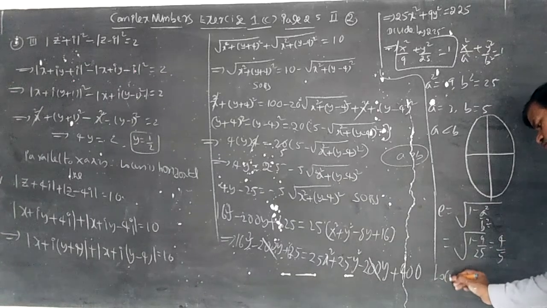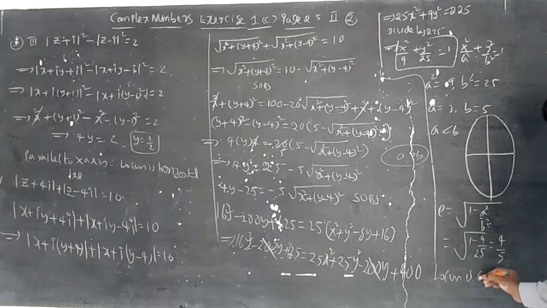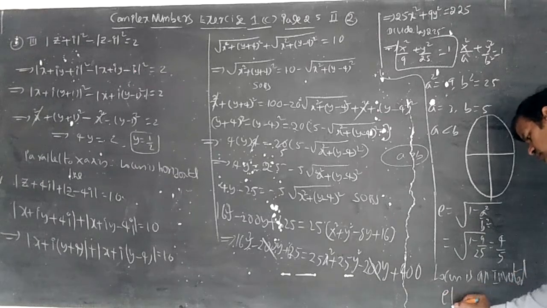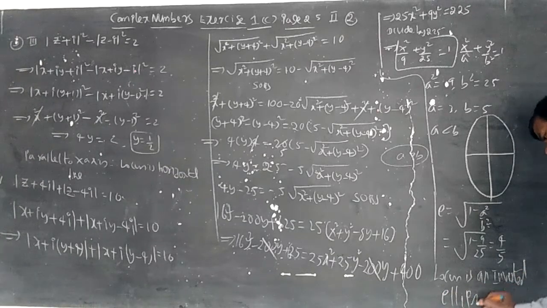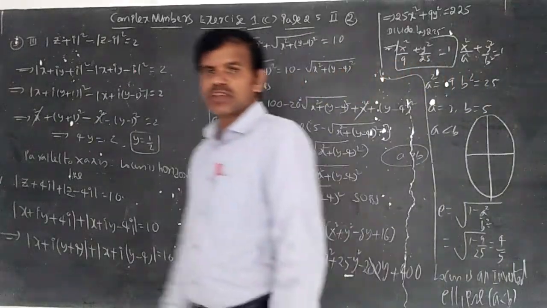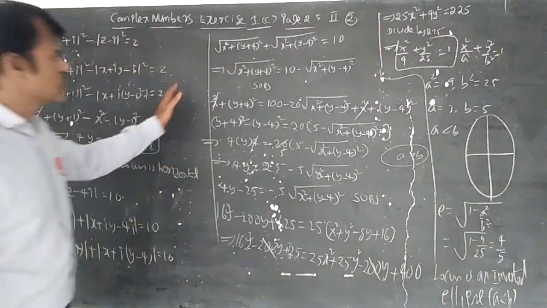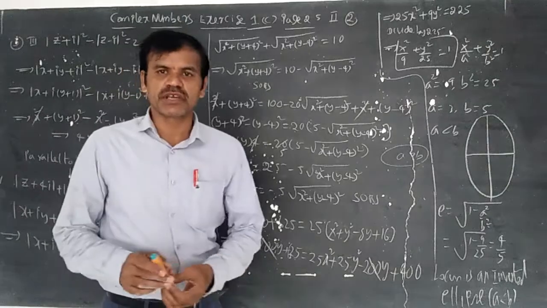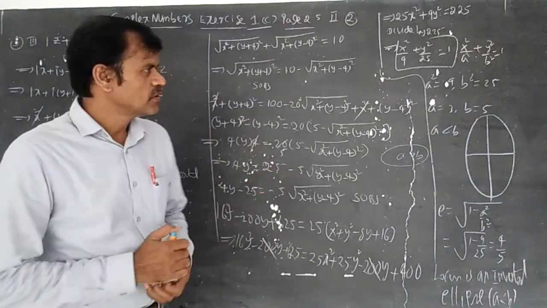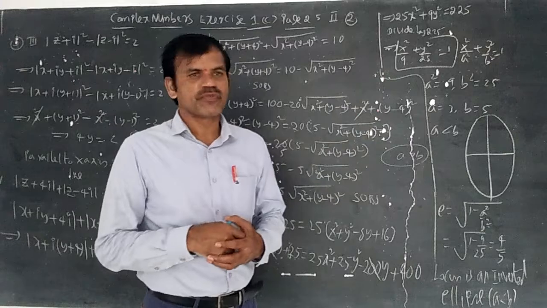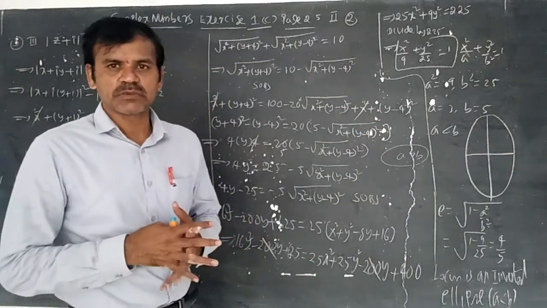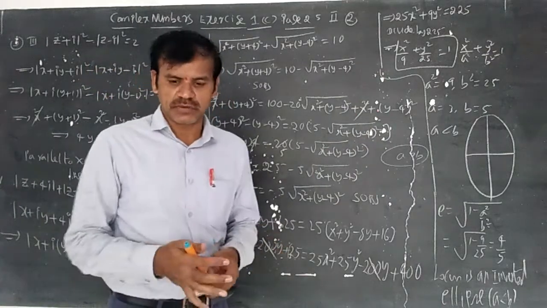At last you should write: locus is an inverted ellipse, or locus is an ellipse having a less than b, that meaning itself is inverted ellipse or reverted ellipse. This is the locus. Without doing all the sum, you can say the answer in objective if you know the full concept of ellipse. Let us discuss the concept, theory, sums and everything in objective.